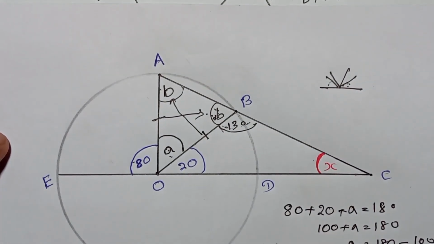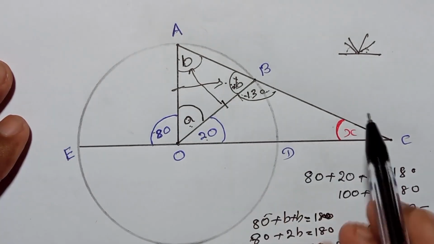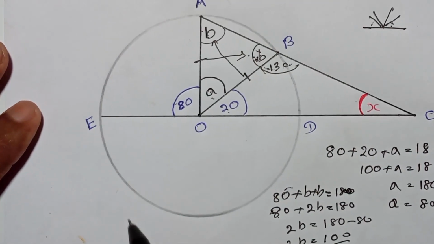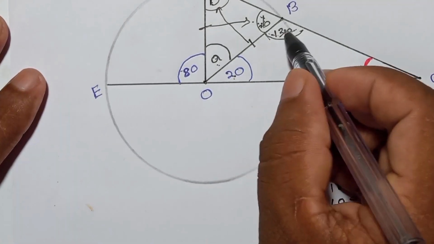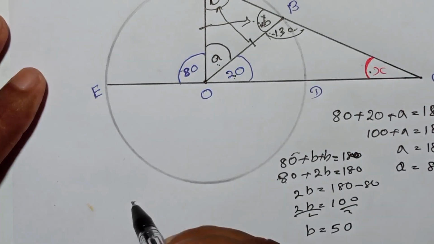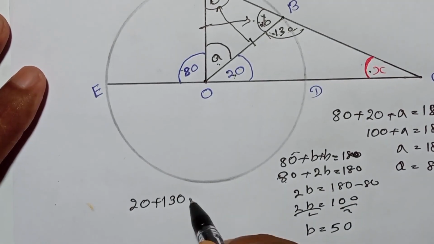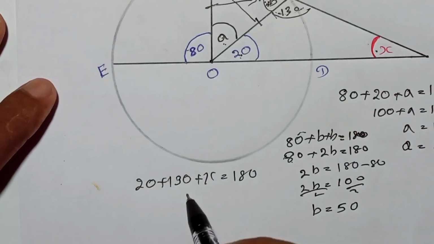Now you can find x easily: 20 plus 130 plus x will be equal to 180 again. I will write it here: this angle plus this angle plus this. So 20 plus 130 plus x equals 180.